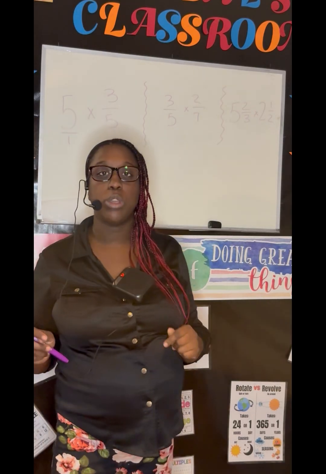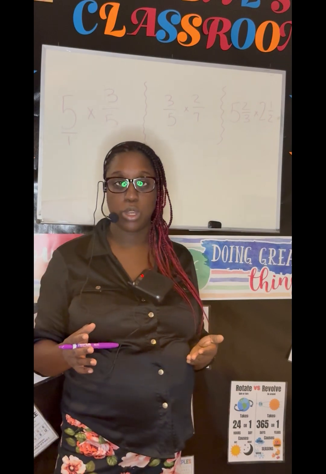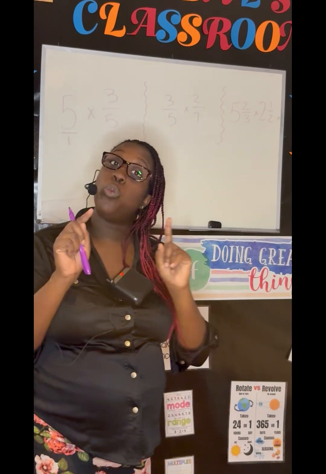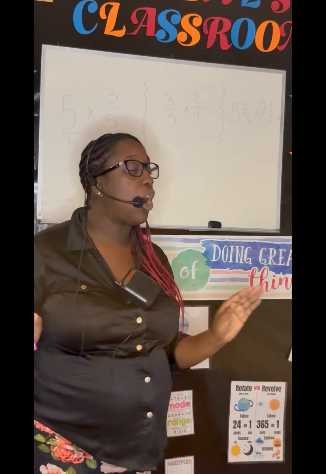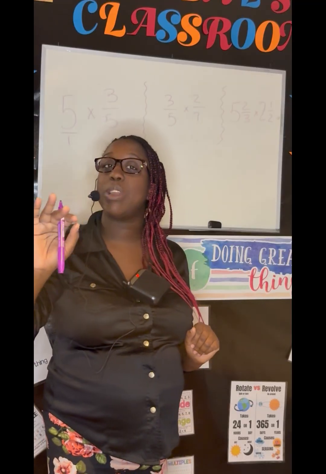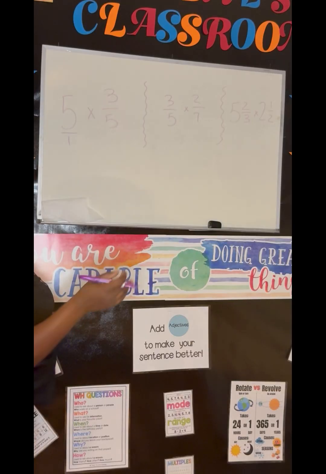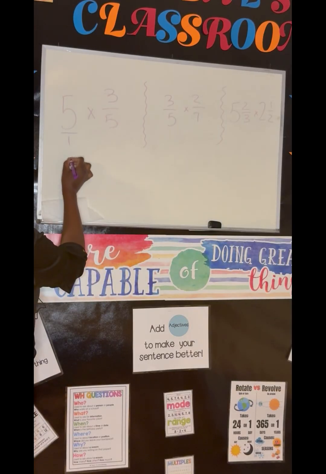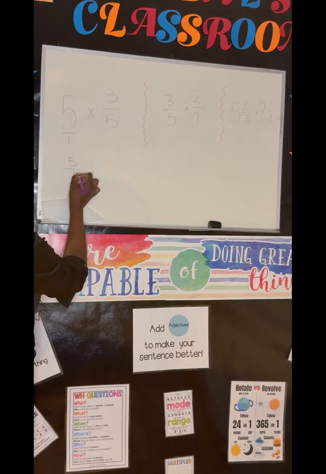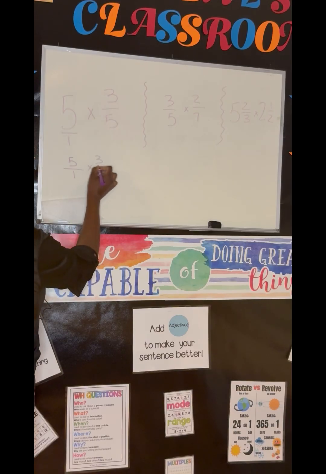So that's the first thing you want to do. You want to change the whole number into a fraction, because when you're multiplying fractions, all you need to do is multiply straight across. That is all you need to do. So what I like to do to kind of line it up nicely, I'll rewrite it down here as 5 over 1 times 3/5.